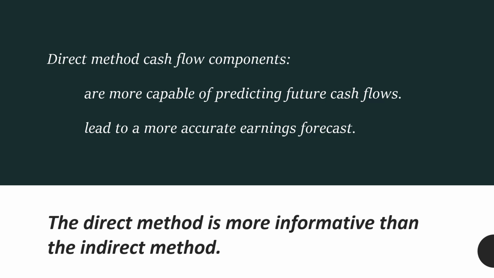Moreover, operating cash flow components and accrual components predict future cash flows better than earnings or aggregate operating cash flows and accruals. So the bottom line is the direct method is more informative than the indirect method.